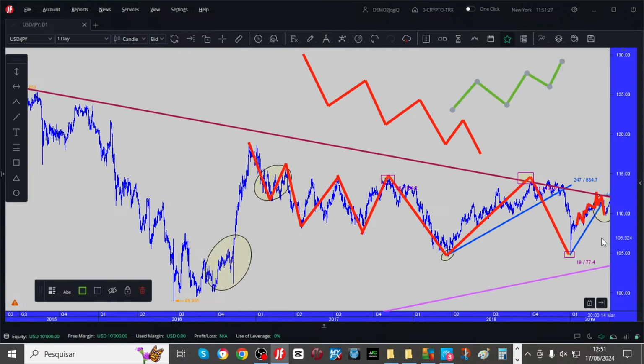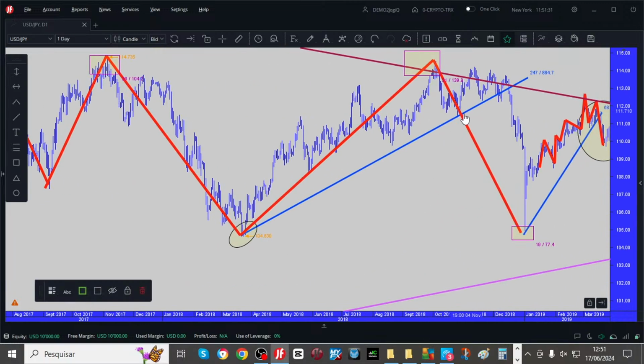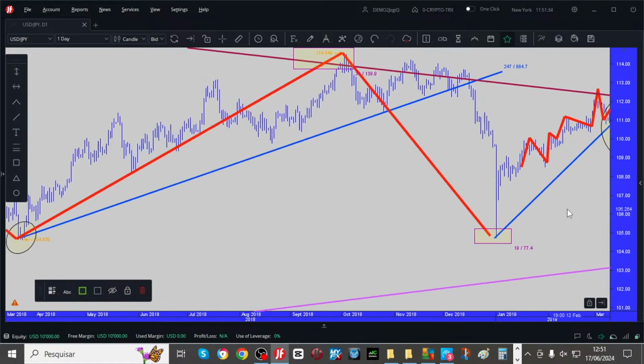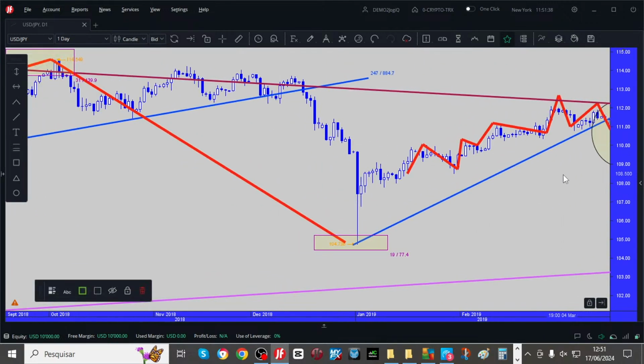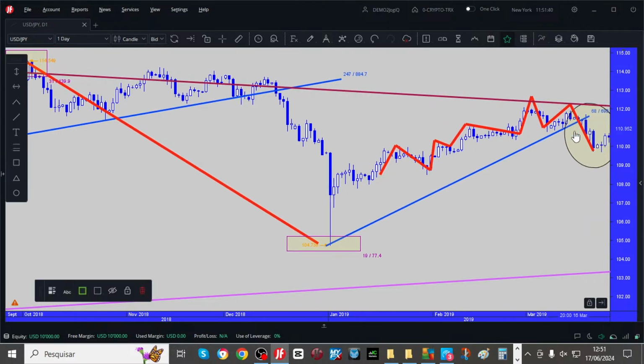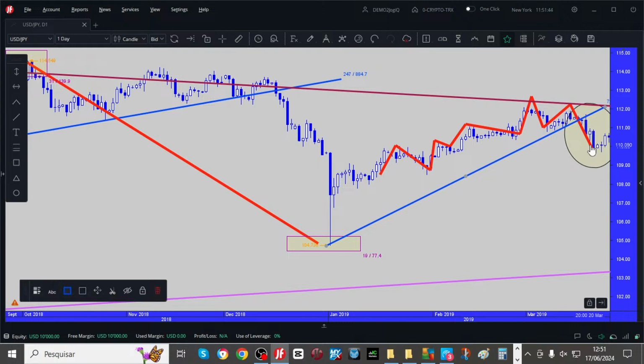So I'm going to tell my trader, look, the market broke the blue trend line here. The market was making higher highs, higher lows here. It broke the uptrend line, the second blue uptrend line, made a lower low, short the market.